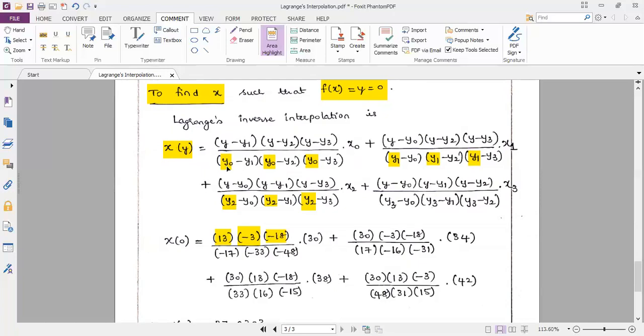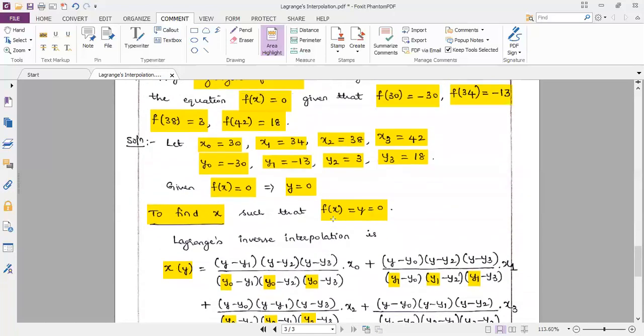Similarly, in the denominator, y0 minus y1, y0 minus y2, y0 minus y3 are evaluated and substituted. The multiplier x0 is equal to 30 from the given data.